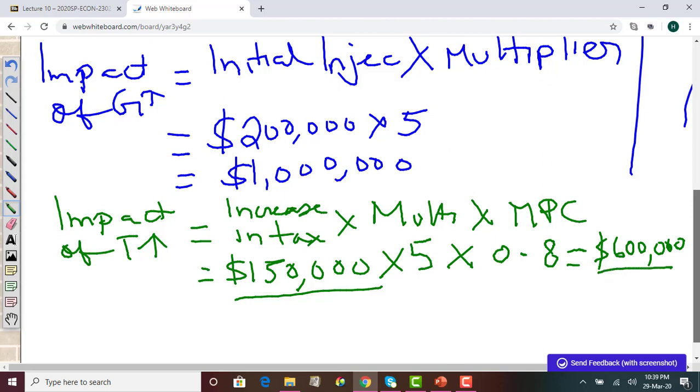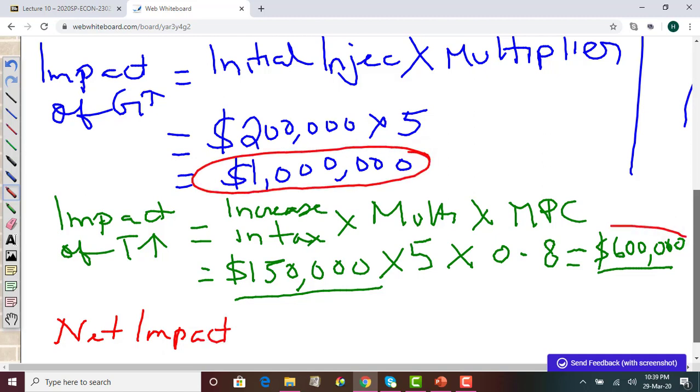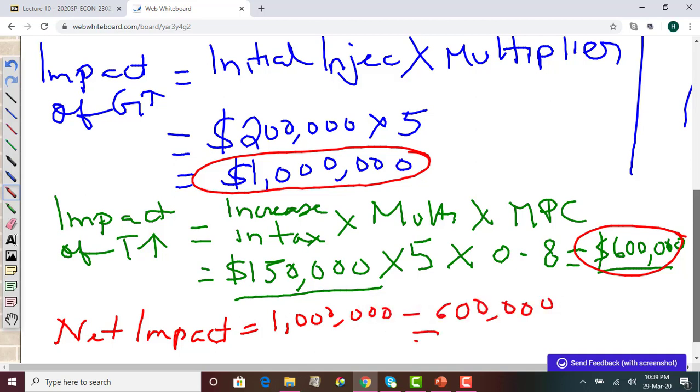Okay, so then my final question was, what is the net impact on output? So the net impact is basically the difference between this and this. Okay, so it's 1 million minus 600,000, which is equivalent to 400,000.